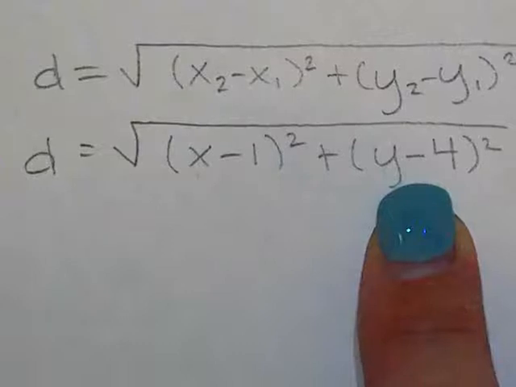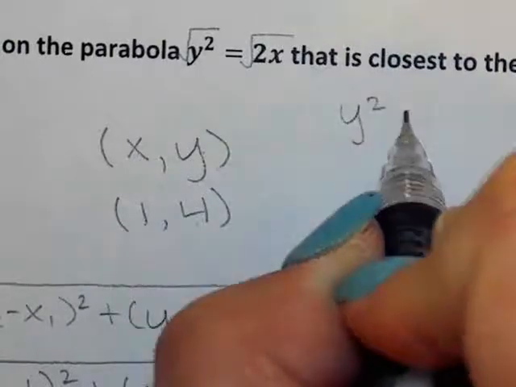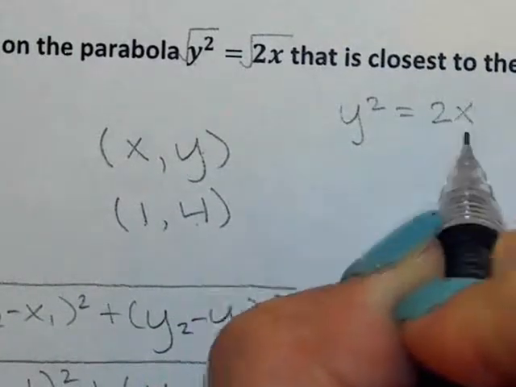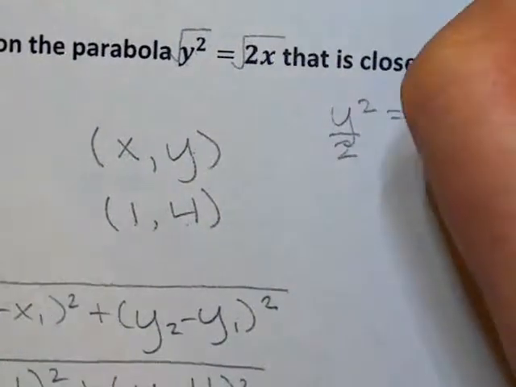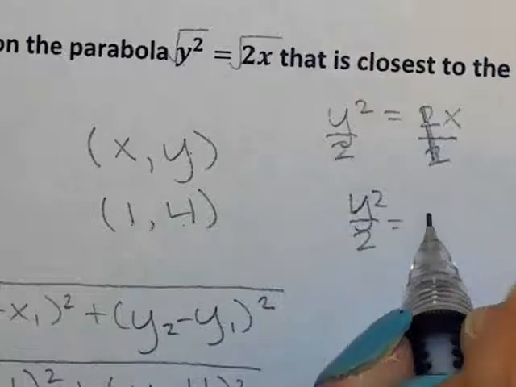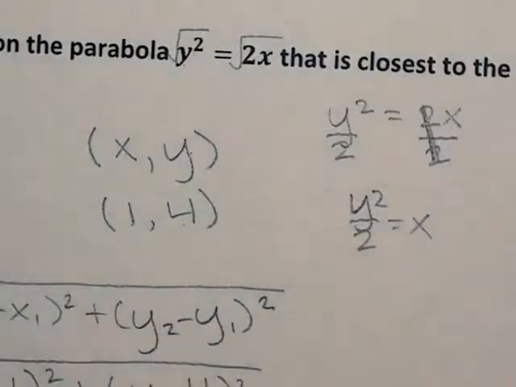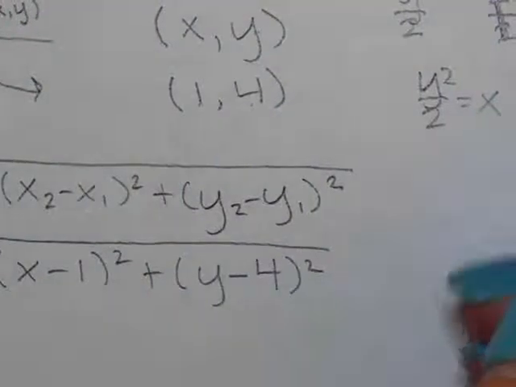So what I'm going to do is I'm going to take this right here. I'm going to say y squared equals 2x. I'm going to divide by 2 so that the x is isolated. And so now, since the x is isolated, I'm going to take this x and replace it with y squared over 2.